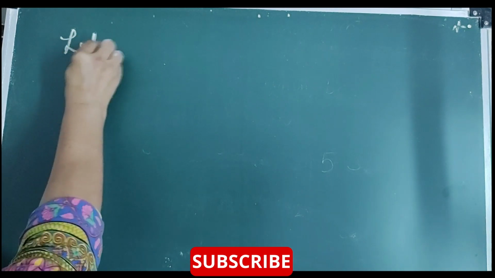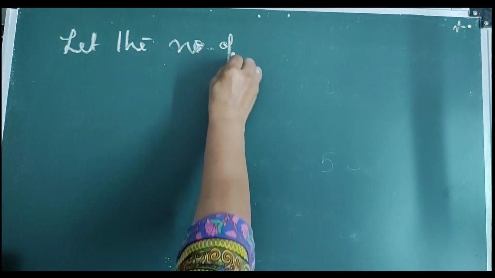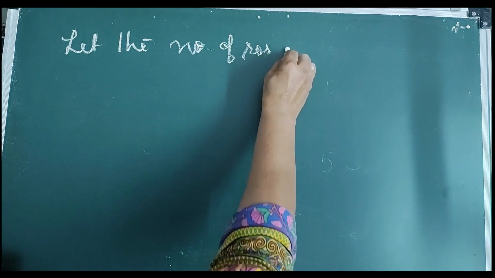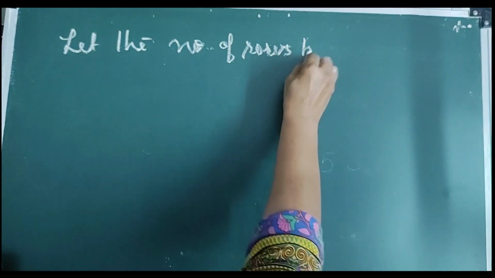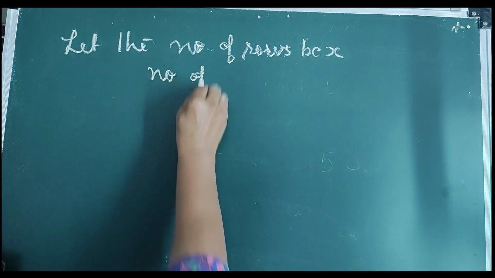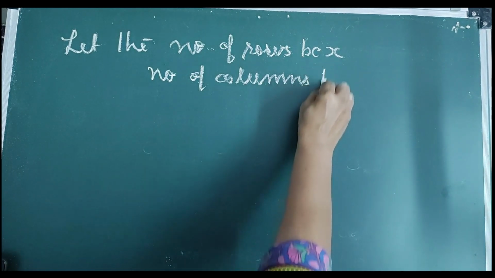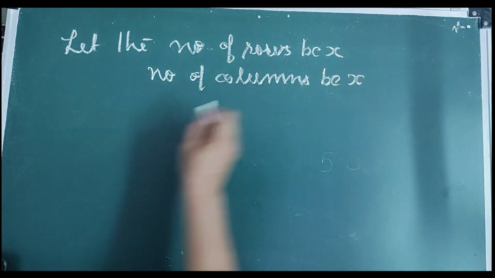Let the number of rows be x. Then the number of columns is also x.